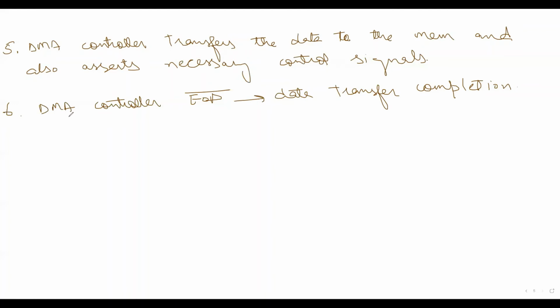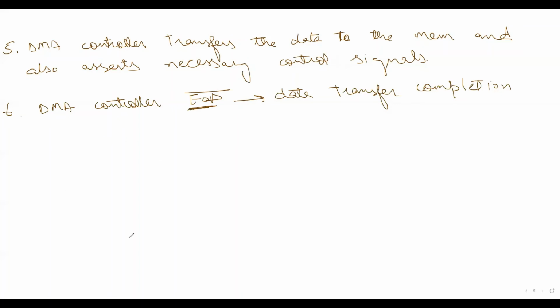This signal is sent to the peripheral device, so that the peripheral device will know that the data transfer is complete. Now I cannot send more data directly to the memory. If I have to send more data, I have to again repeat the DMA operation and then send the data. So this is the complete operation that happens while doing a DMA operation.